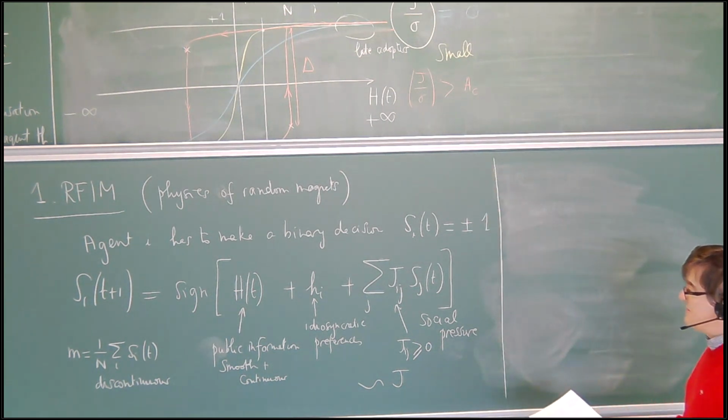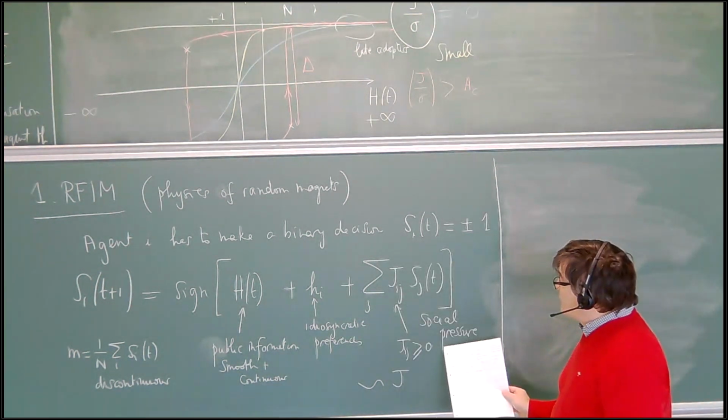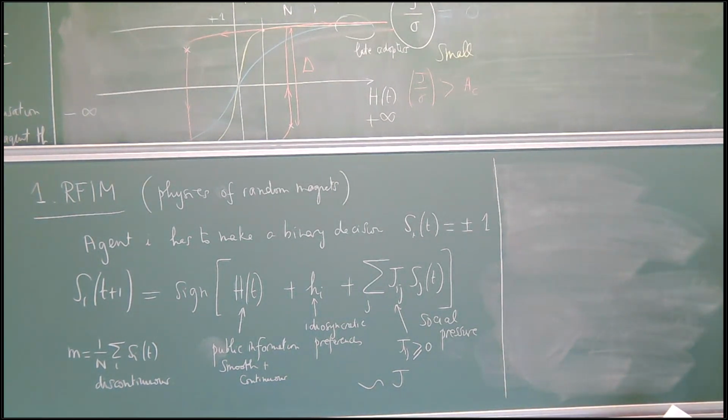But what's interesting is that the phenomenology that I've drawn for you is actually much more general. Even if you have a generic network model describing social pressure, then in a very large number of cases, for a very broad variety of networks, the phenomenology that I'm going to talk about is valid. I'm going to tell you at the end how some networks are different, but the mean field approximation is not inventing a phenomenology that doesn't exist in more realistic cases.